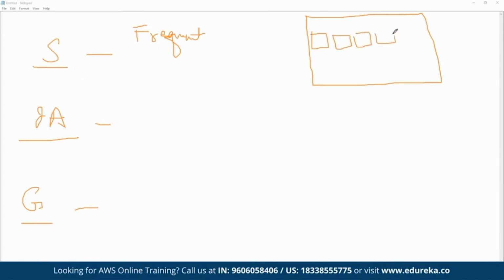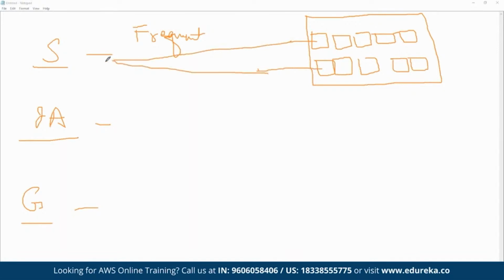These files need to be shown to the users on the website on a regular basis. Since these are recent files, we can store all of these images as a part of the standard class in S3, because they need to be accessed on a frequent basis.